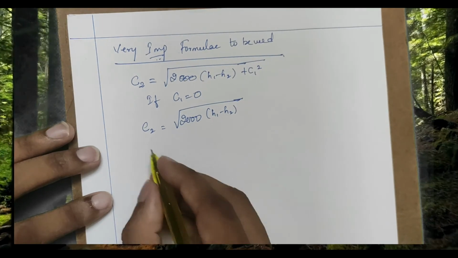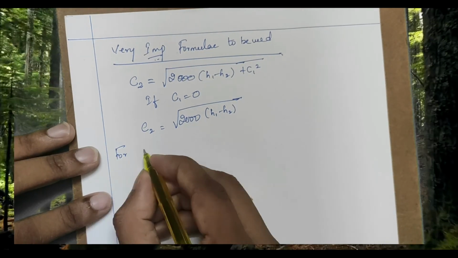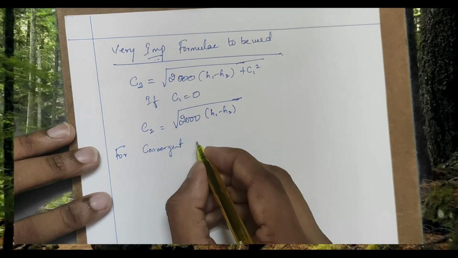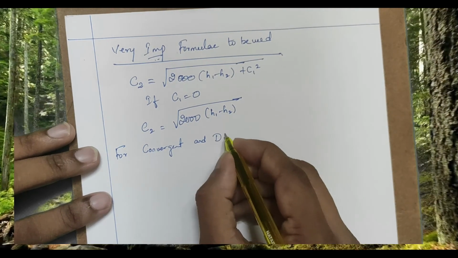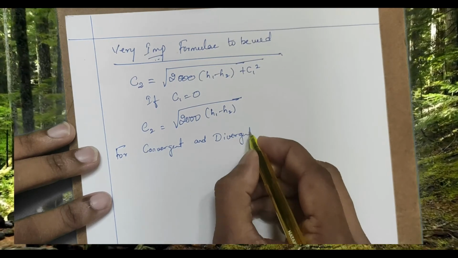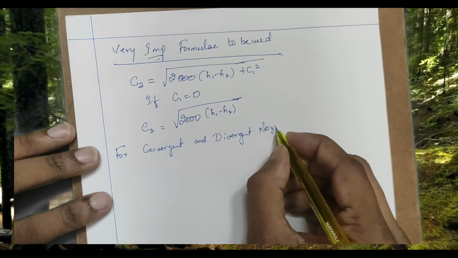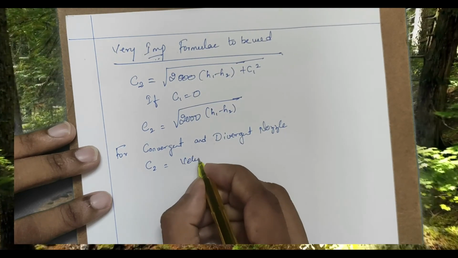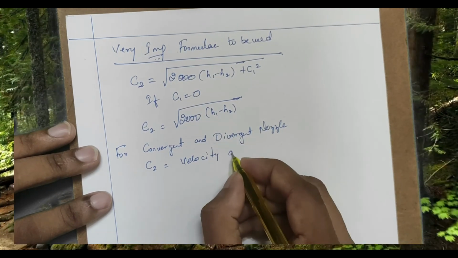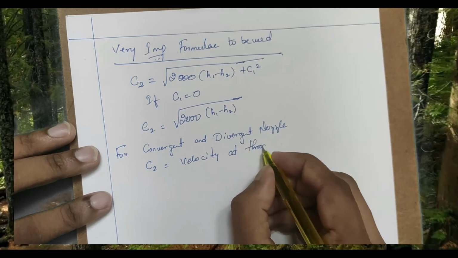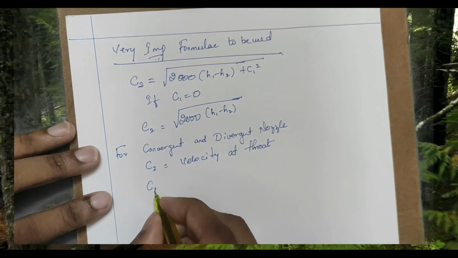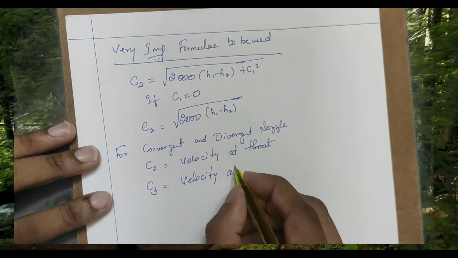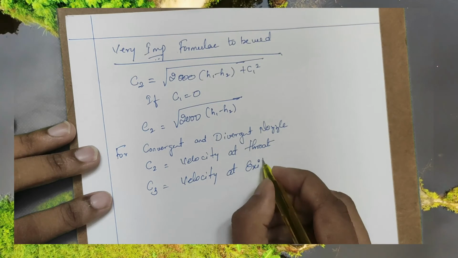Okay, so for a convergent and divergent nozzle, C2 is the velocity at the throat and C3 is the velocity at the exit.